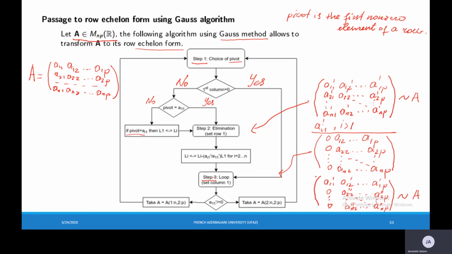In step 3, our input will be this one or this one. If the first element of the matrix is 0, if yes, then we take this submatrix. If it's not 0, we remove the first column and first row in the input.